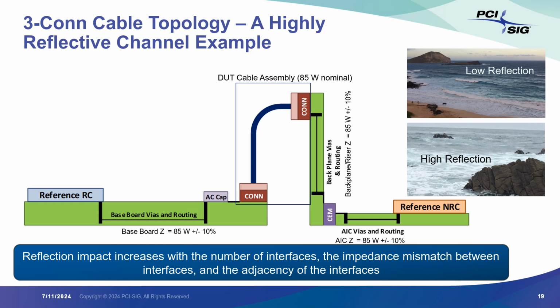That is pretty similar to how we think of electrical signals moving on. It is like an electromagnetic wave, and every time it makes any type of vertical transition or even horizontal transition, where impedance changes, it is like a rock, and it is going to reflect.